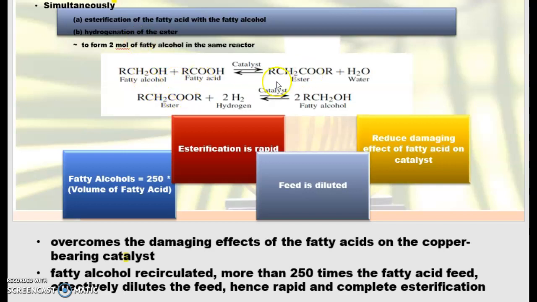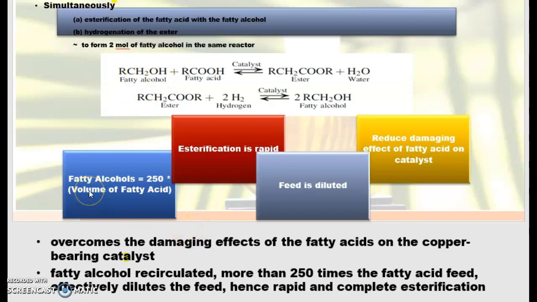And then the ester produced can also react with hydrogen to form the fatty alcohol. So first is the esterification of fatty acids with the fatty alcohol. Next is the hydrogenation of the ester. This is where we use our recycled fatty alcohols.